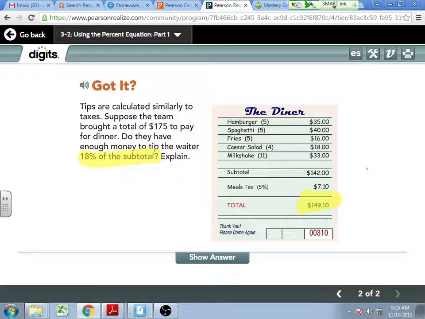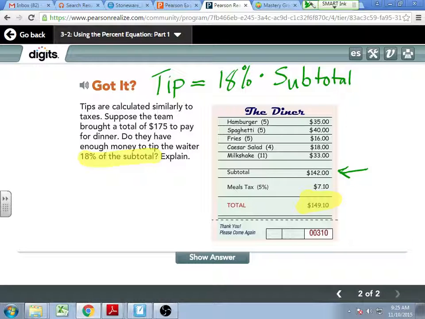You tip on all the food and drinks and everything else that you bought. So you want to calculate your tip to be 18% of the subtotal. If I write that out in a mathematical sentence, your tip is 18% of the subtotal. Is means equal, of means multiply.